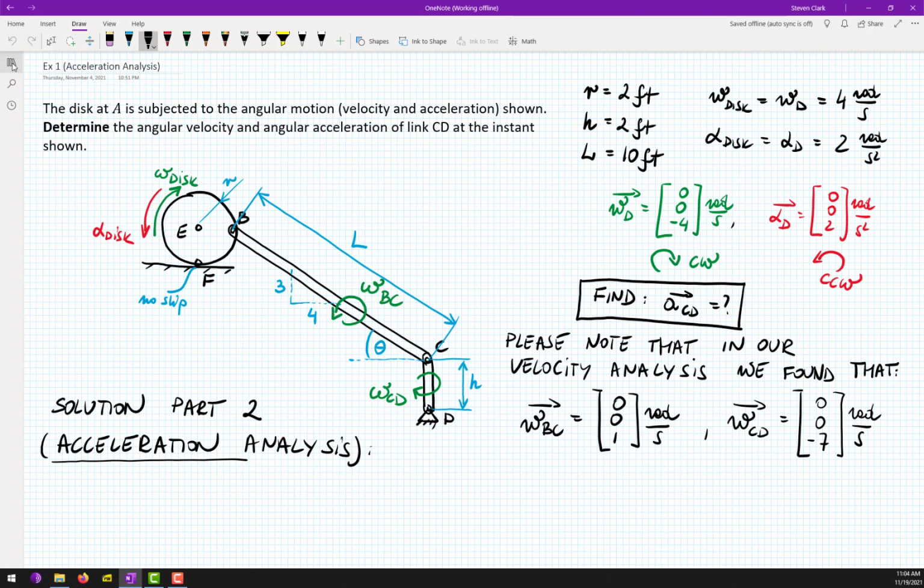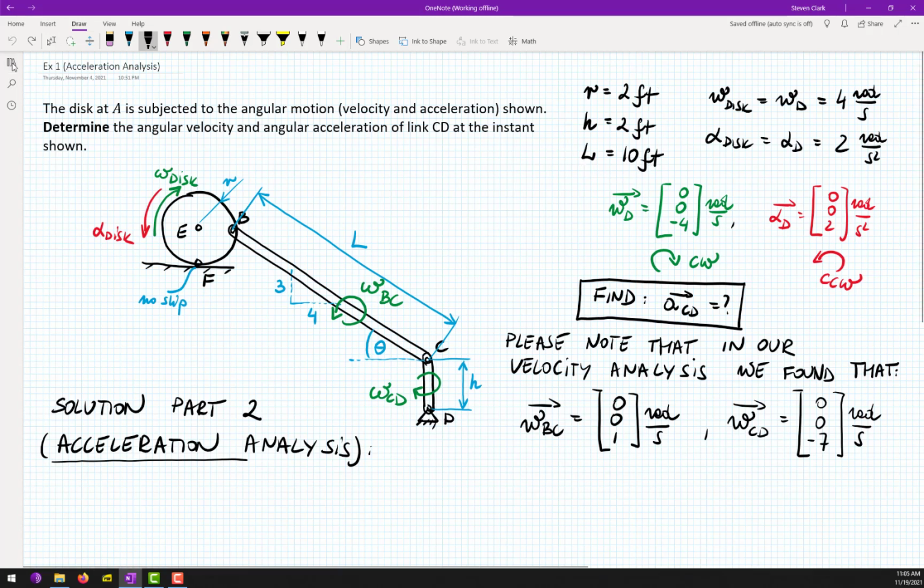We have three bodies: the disk, beam BC, and beam CD. We know the geometry of everything.